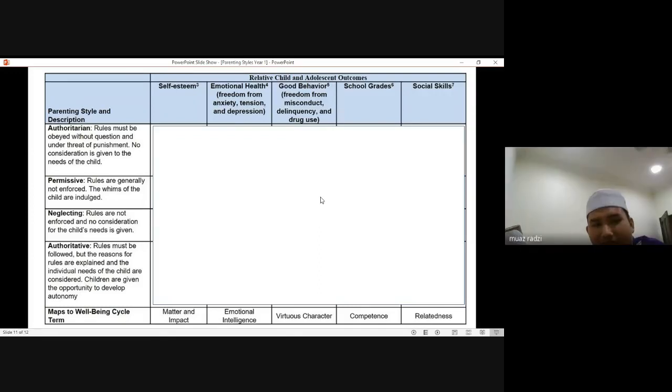Any questions? For permissive, is a supportive parent permissive or not? Supportive is basically general, supportive in general, but what do they support?